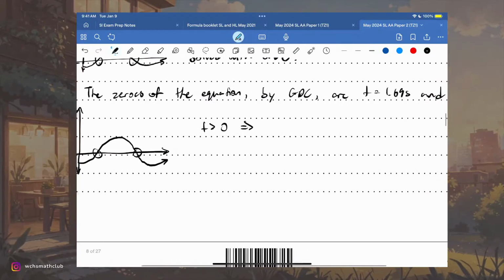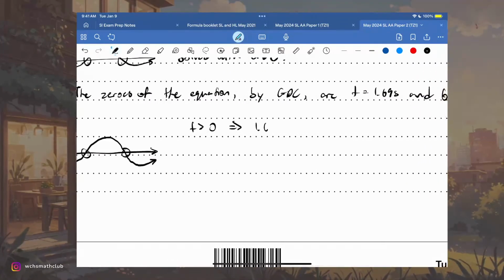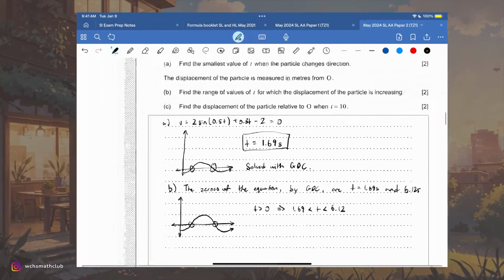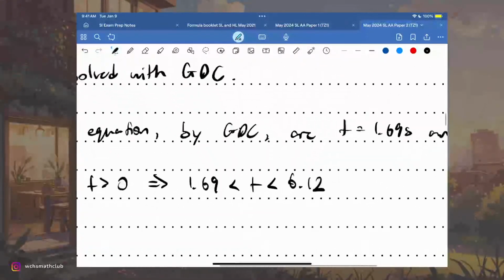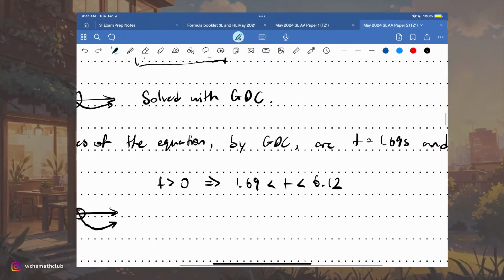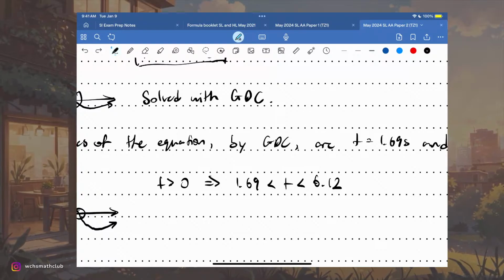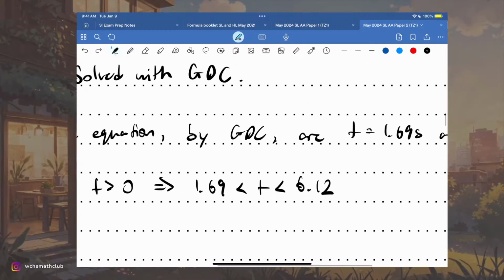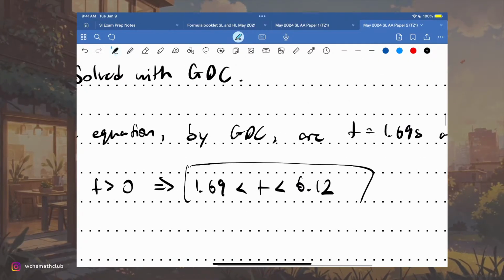This implies that 1.69 is less than t and t is less than 6.12. Here you want to keep your signs non-inclusive of the equal sign, because at the specific endpoints, for example t equals 1.69, it's not truly increasing at that point, hence why you want to keep it open.